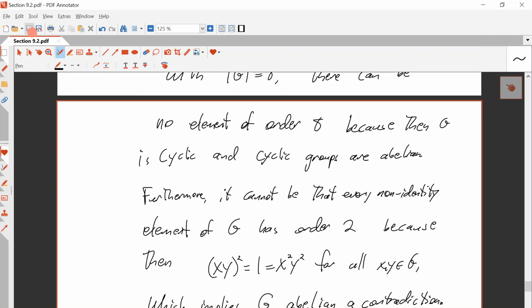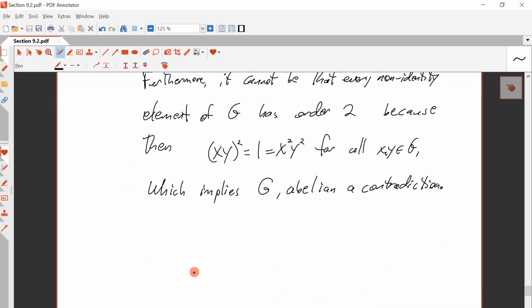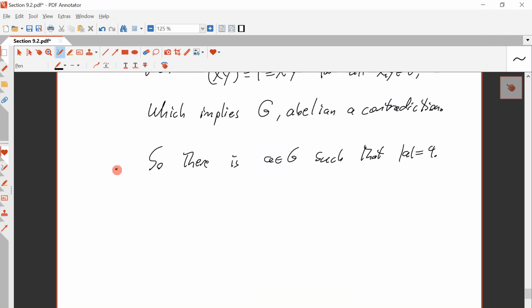Right, that would be a contradiction. So you can't have that everything is order 2, nor can you have anything of order 8. So you have to have an element of order 4. So there is A in G such that the order of A is 4. Okay? You have to have that in a non-abelian group of order 8.